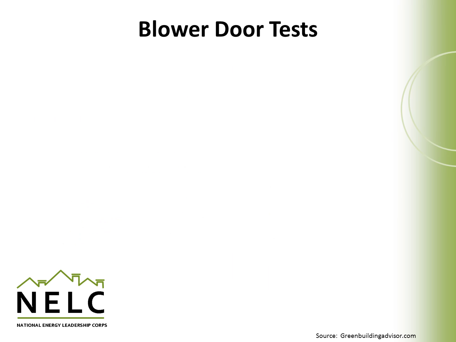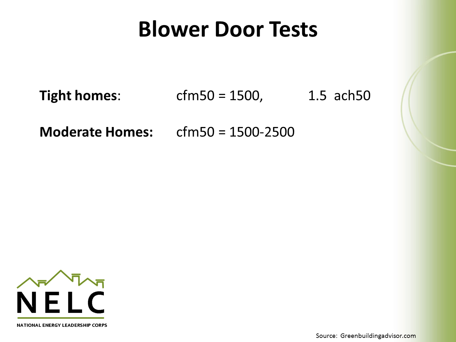Taking a look at some of these numbers, in a relatively tight house, you might find a cubic feet per minute rate of 1,500 and an air change rate of about 1.5. In a moderately tight home, the CFM rate might be 1,500 to 2,500. And in a leaky home, you might find a CFM rate of 3,000 or higher and an air change rate of 3.5 or higher.